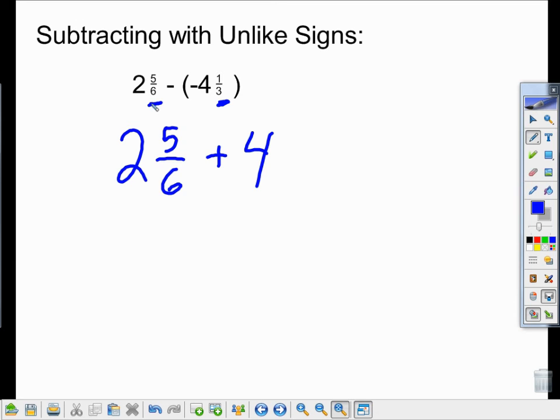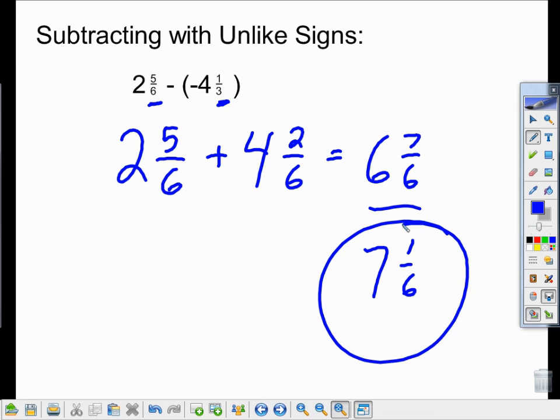The common denominator is, of course, 6. Therefore, when we add these together, we're going to get 6 and 7/6. And of course, we want to make this improper fraction into a proper fraction so we can take him to dinner parties and not be embarrassed by him. 7 1/6.